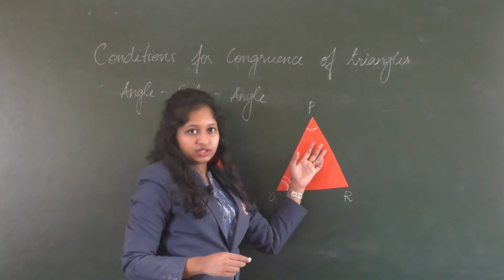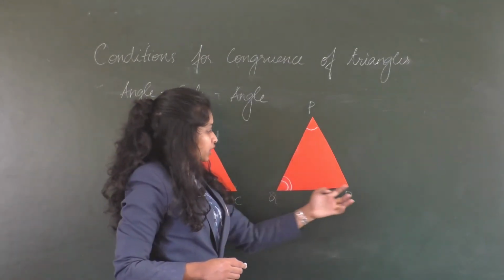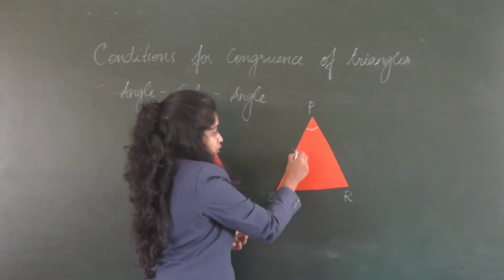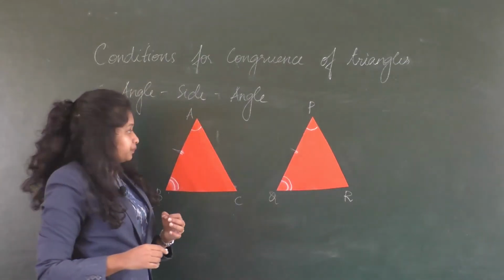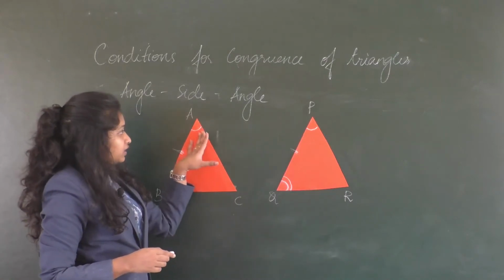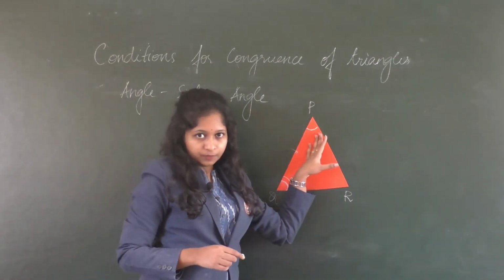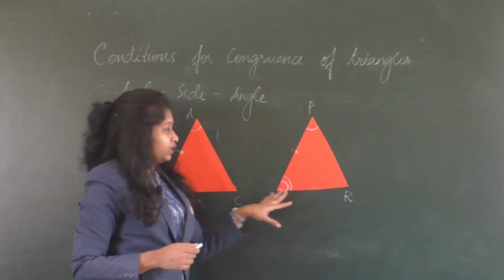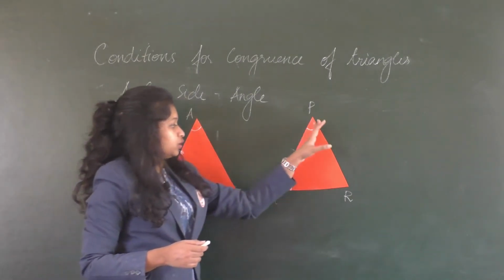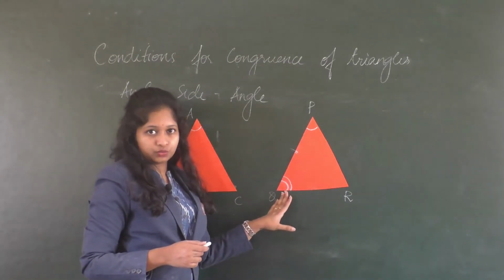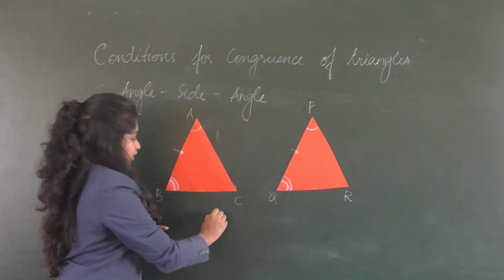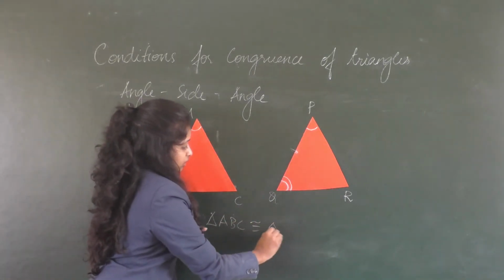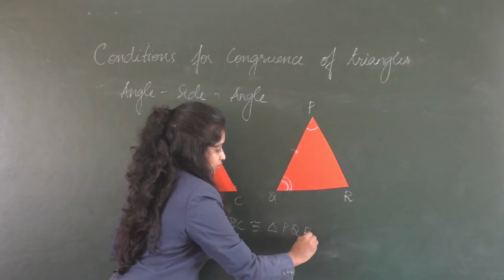Here also if you see PQR, P and Q, and this is the included side. So if angle A equal to angle P, and if angle B is equal to angle Q, and if AB is equal to PQ, then we can conclude that triangle ABC is congruent to triangle PQR.